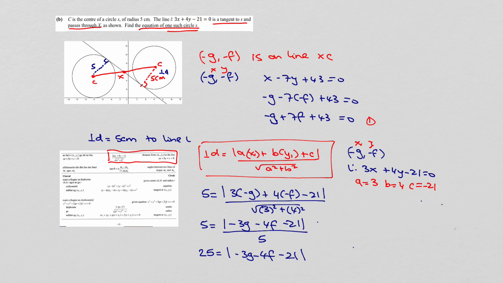So we can either say that all of that is equal to 25 or -25, or you can square both sides. Either way, you'll be able to solve this equation. So I'm going to take the fact that the modulus is going to be +25 or -25.